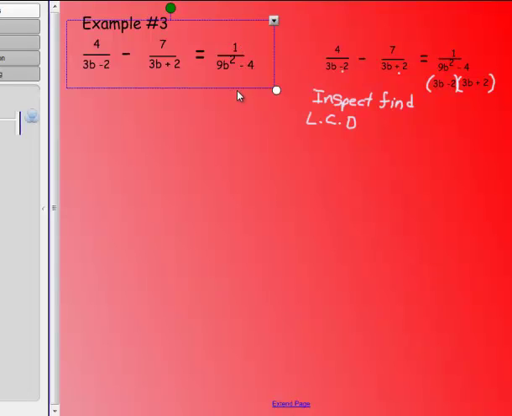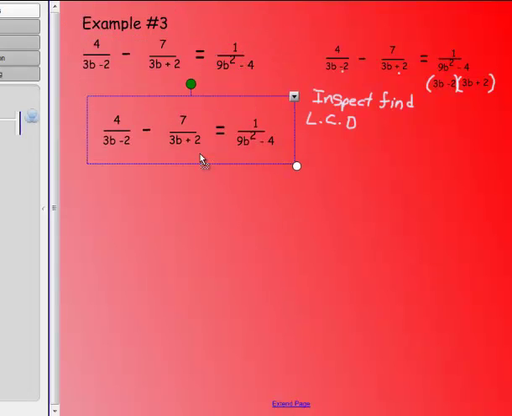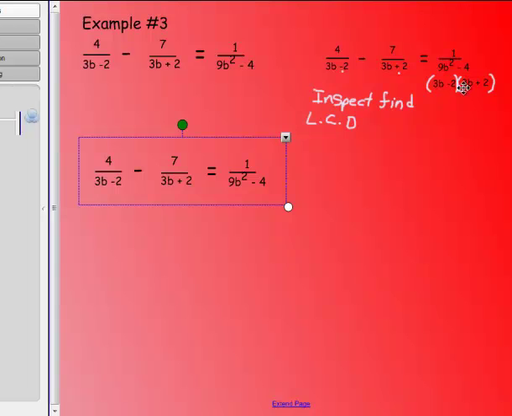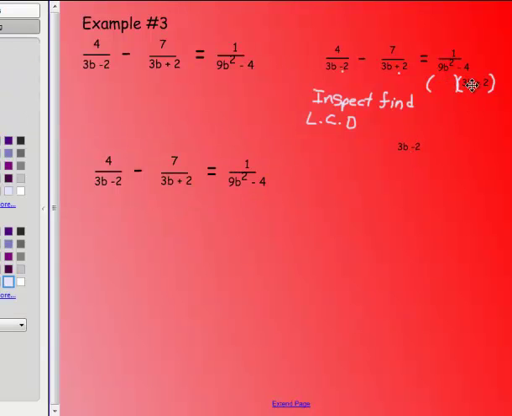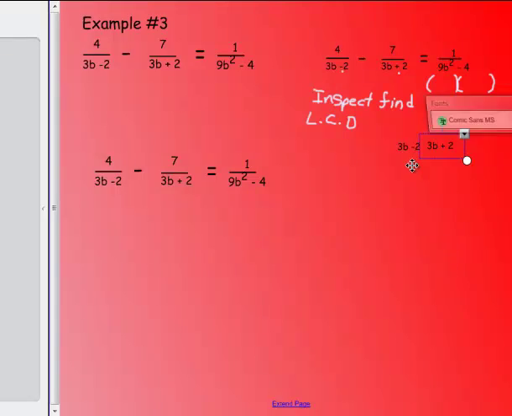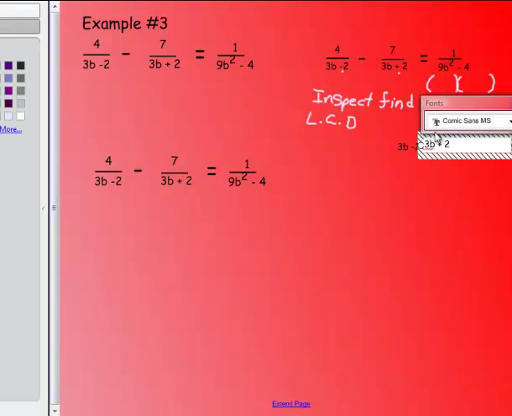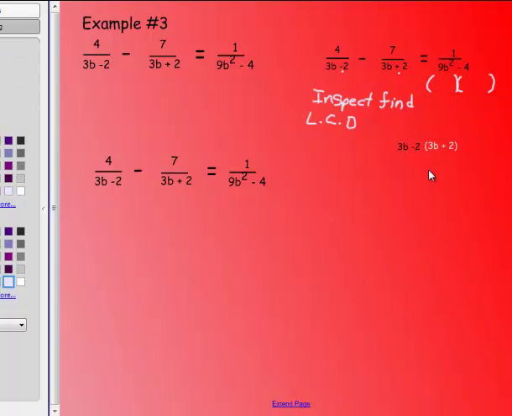So I'm going to take this right here. I'm going to rewrite it again. This time I'm going to take my common denominator over here. I'm going to do a little dressing up on it so it looks nice. Put some parentheses around it so it's offset. And then I'm actually going to change that to white so it stands out.